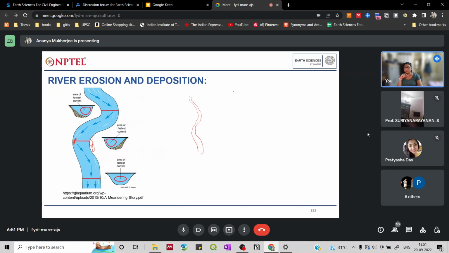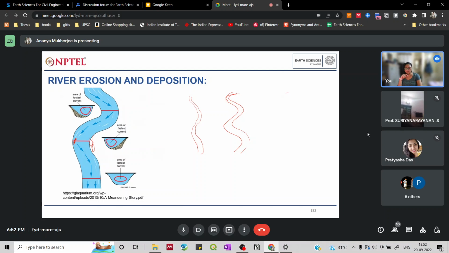Then with time, this will become more and more sinuous. I'll just draw this. So you can see the sinuosity will increase. And as sinuosity increases, the flow velocity will start decreasing, because it has to maintain the equilibrium also.